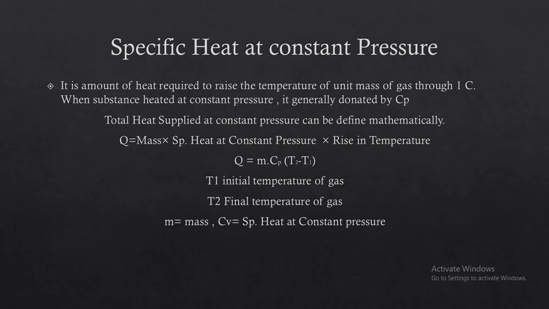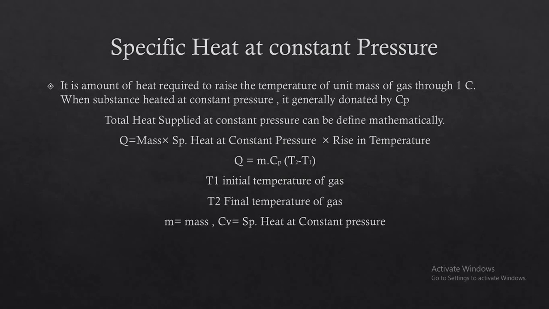Let's define specific heat at constant pressure. It is the amount of heat required to raise the temperature of a unit mass of gas through 1 Celsius when the substance is heated at constant pressure. It is generally denoted by Cp. Mathematically, we can define it as Q equals m Cp (T2 minus T1).